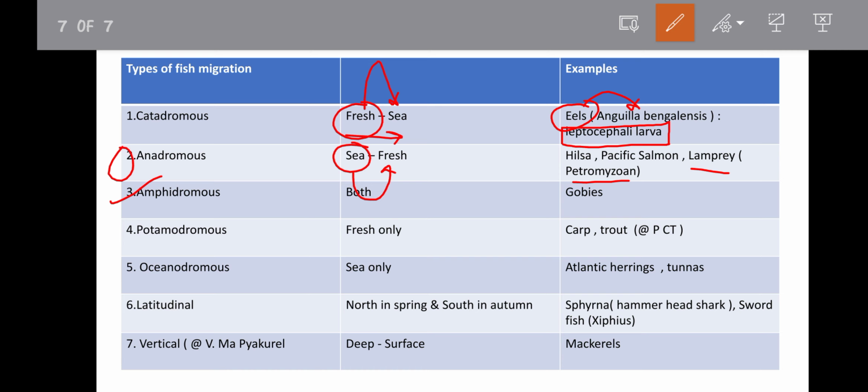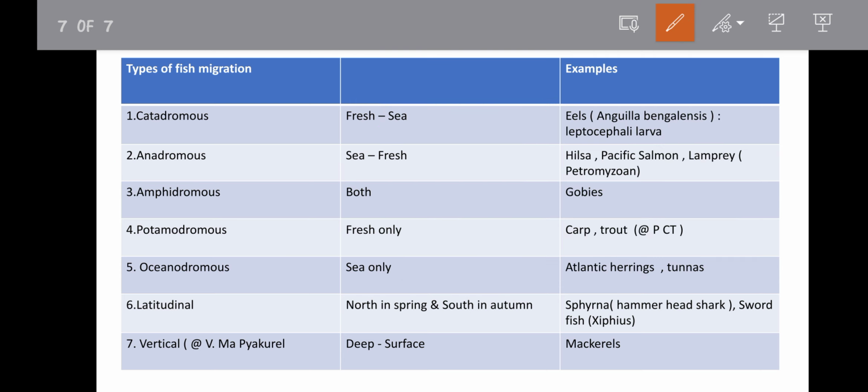They go to fulfill their feeding purpose, not breeding, feeding or eating. Catadromous, Anadromous and Amphidromous fish migrate between fresh and sea, so these three are collectively known as Diadromous.